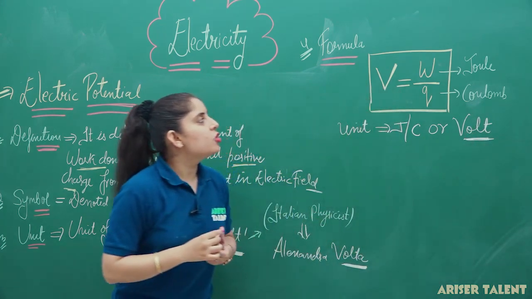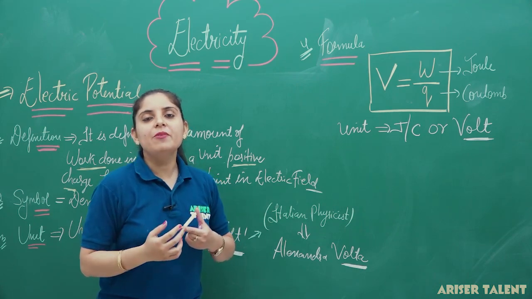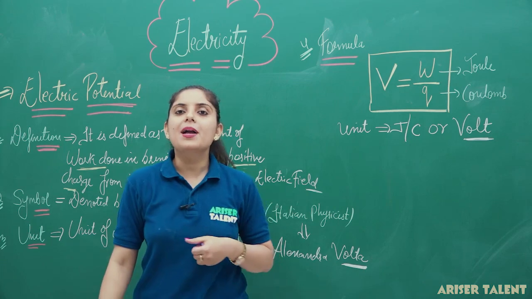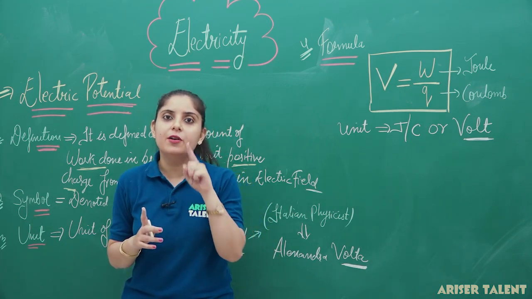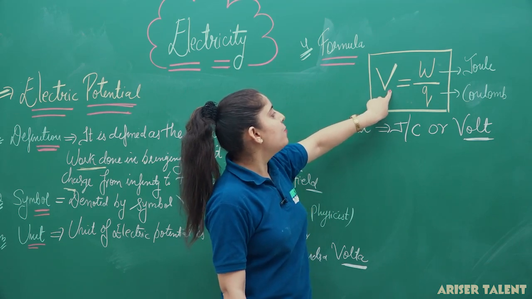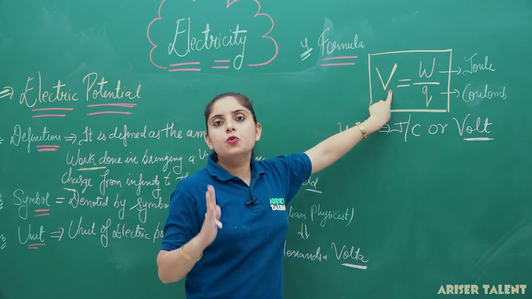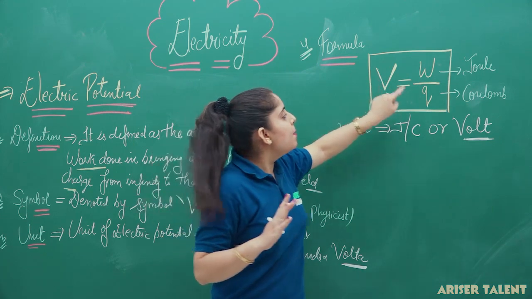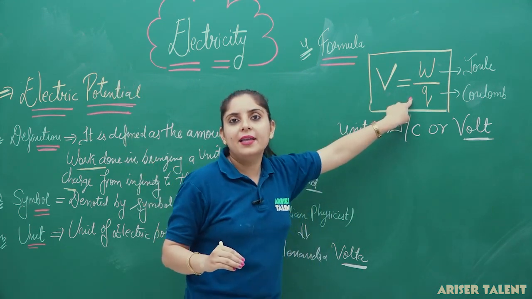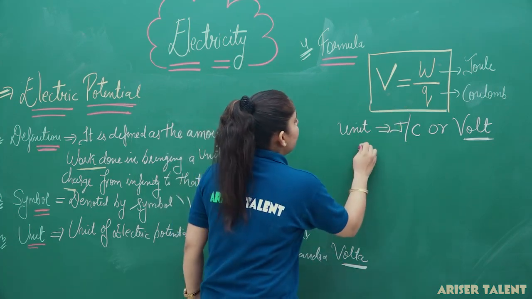Now, a question arises here: when will the electric potential be called 1 volt? हम कब कहेंगे कि electric potential 1 volt है? It means the electric potential is said to be 1 volt if 1 joule of work is done in bringing 1 coulomb of charge from infinity to that point in the electric field.